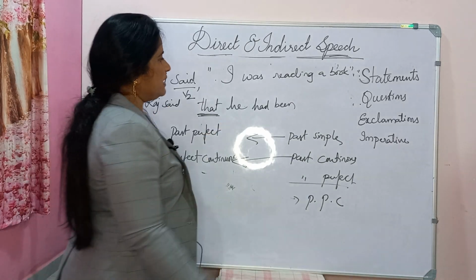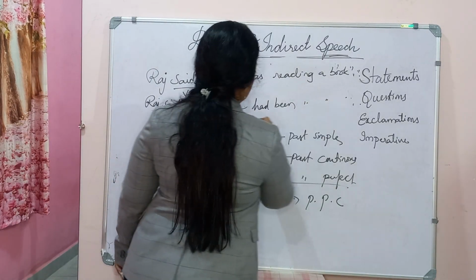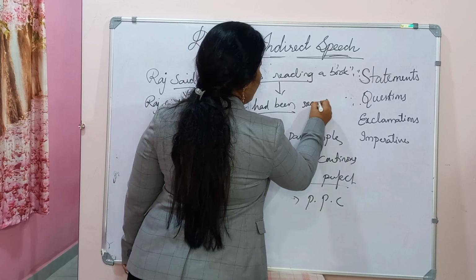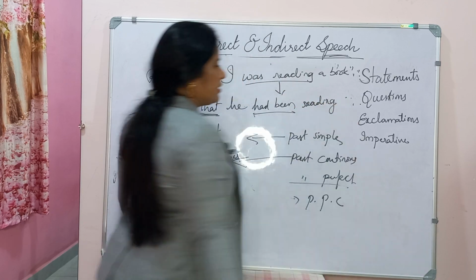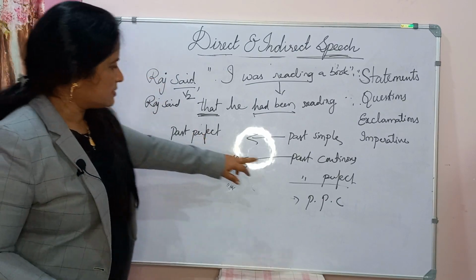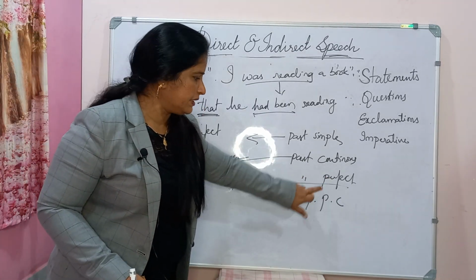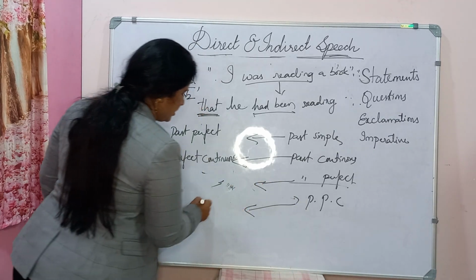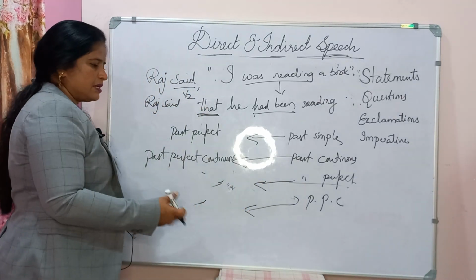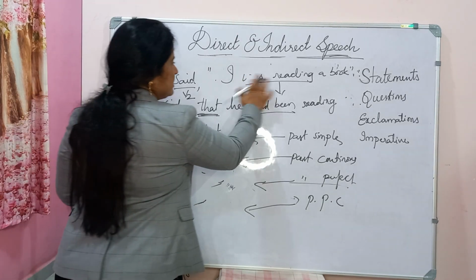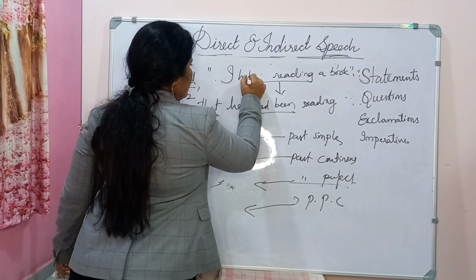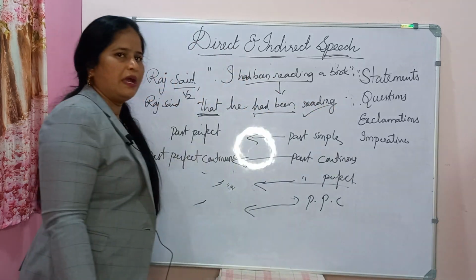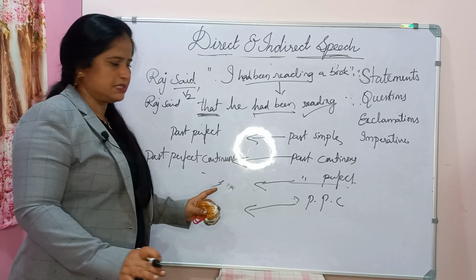So was reading will change into had been reading a book. If it is already in the perfect tense, it remains the same. If it is "had been reading," we write the same: he had been reading.